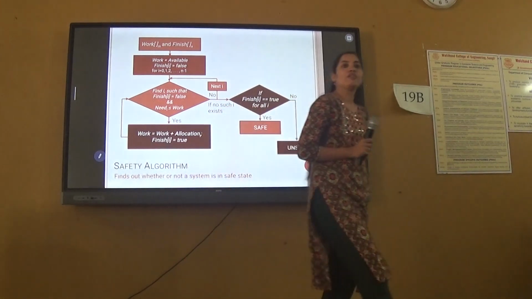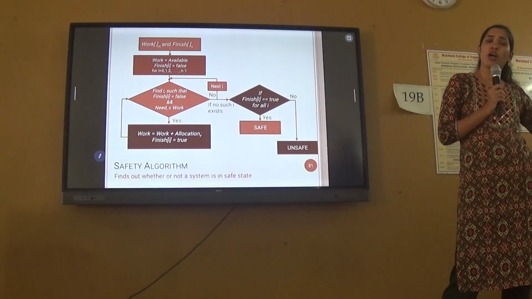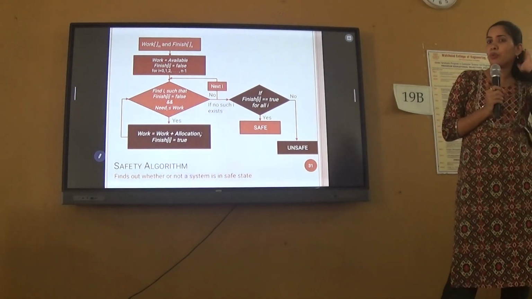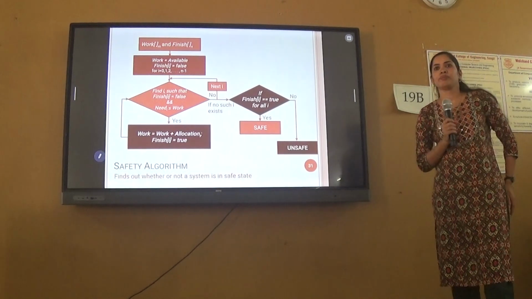Can you read the flow, how the Banker's algorithm works? Just recall the previous example, then you will get to know. We are just about to cover it, in 10-15 minutes.